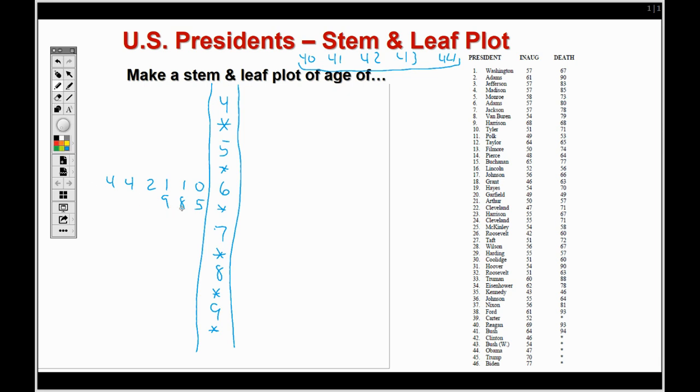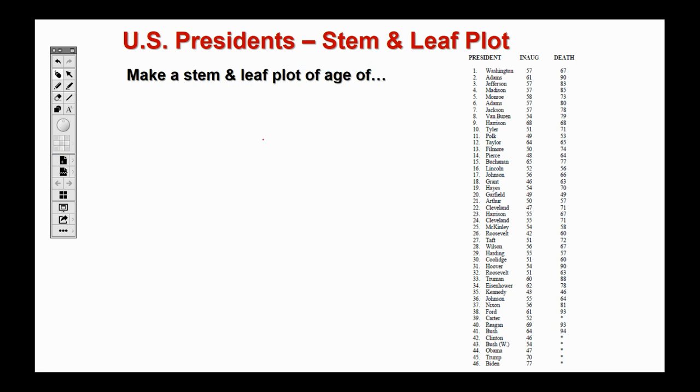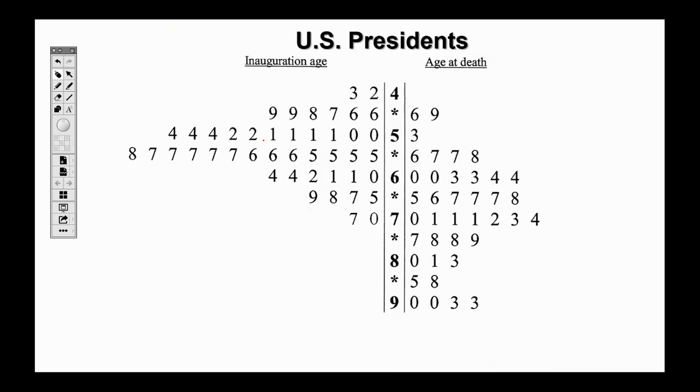Okay. And when we do that, here's a completed example. So we have 40s, lower 40s, upper 40s, lower 50s, upper 50s. And if I look at this value that's right here, it's an age that's 57. And this value right here is 68. And this value here is 70.